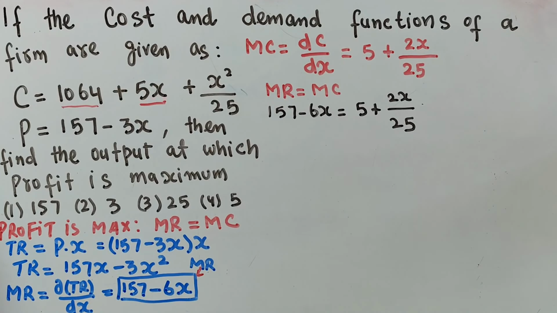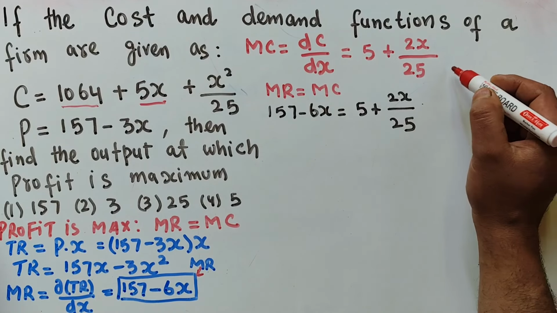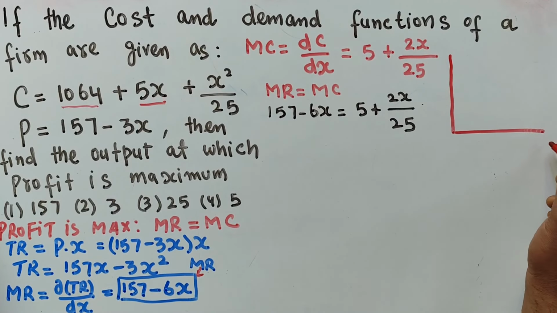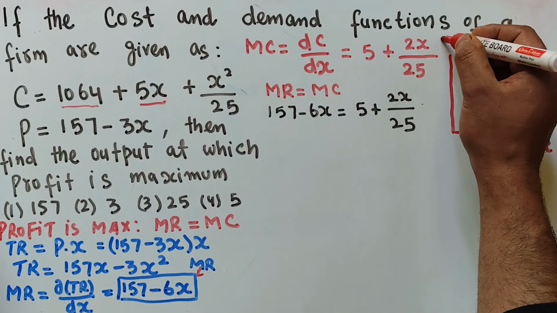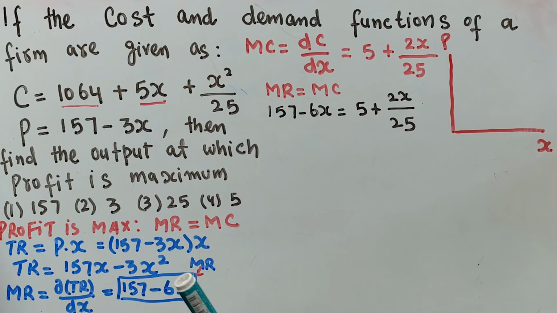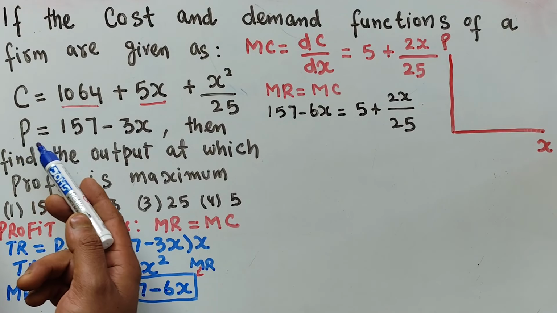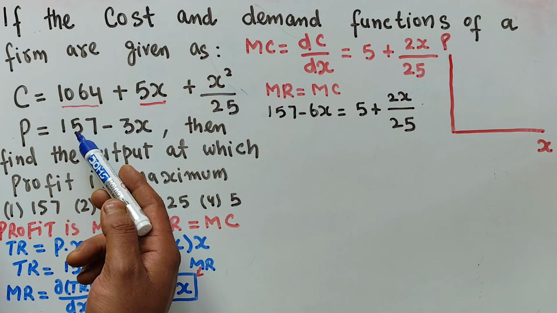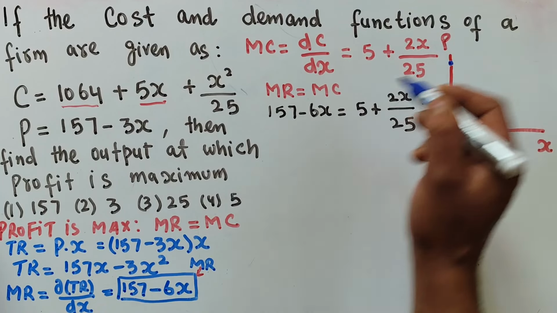Okay, let me show it graphically also. So let me draw a small graph. We have the output on the horizontal axis, price, marginal cost and marginal revenue on the vertical axis. First we have the demand function. Its price intercept is 157, and it is downward sloping.